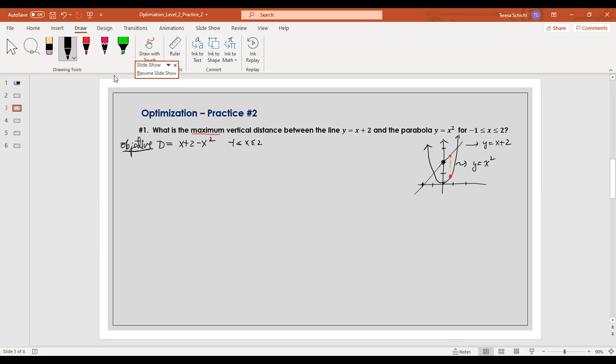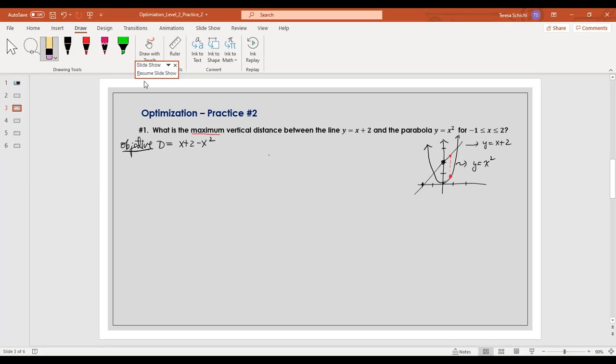Now, this is what we are subject to: x has to be between -1 and 2.